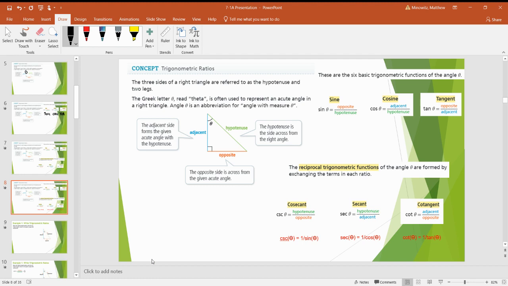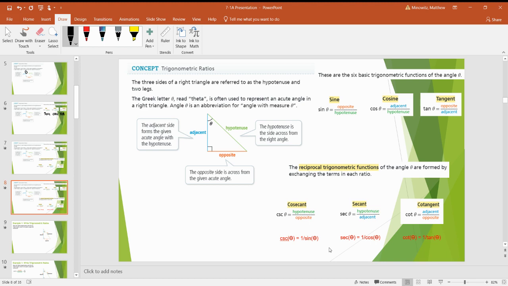I remember them as the cosecant is the reciprocal of sine. So if I know the sine ratio, whatever fraction that sine is equivalent to, I flip the fraction. So cosecant is the reciprocal of sine, secant is the reciprocal of cosine, and cotangent is the reciprocal of tangent.